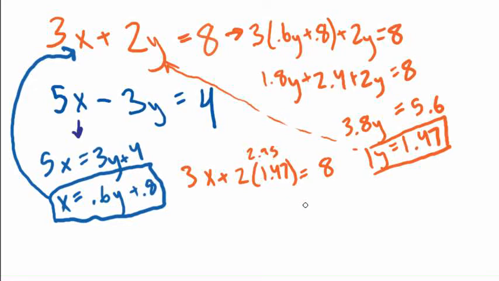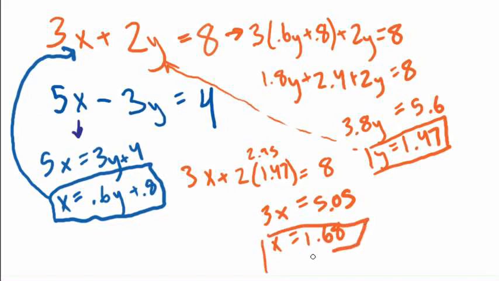Alright, 8 minus 2.95 is 5.05. That's equal to 3x. Divide both sides by 3 to solve for x, which gives us 1.68. Now I have my two unknowns. Alright, so this is my preferred method.